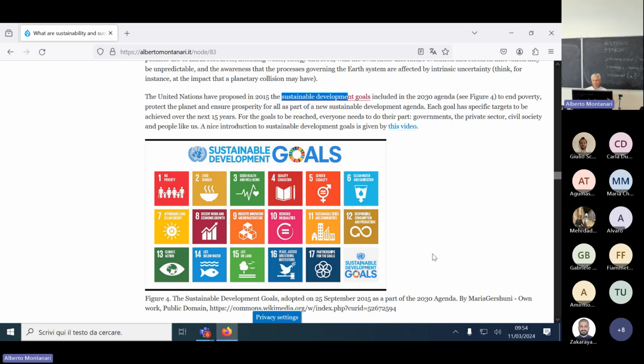And they are also criticized, because reaching these goals requires an effort that implies a political commitment, but it also implies a social cost.